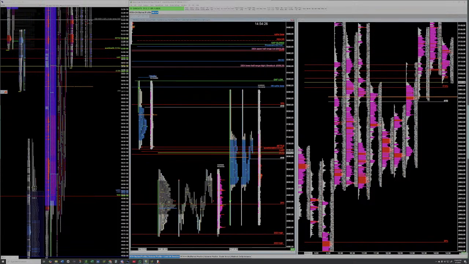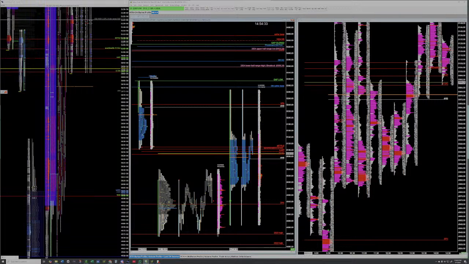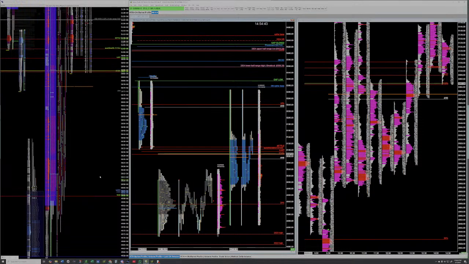When this market couldn't take this area down here from this profile here, it was very hard to do with straight futures. As I say, options are the best way.